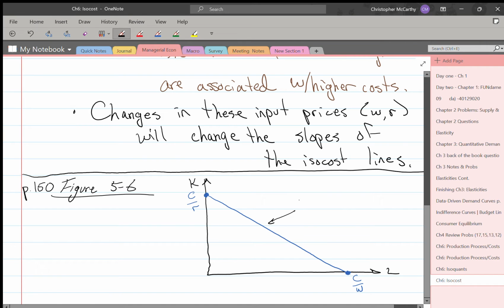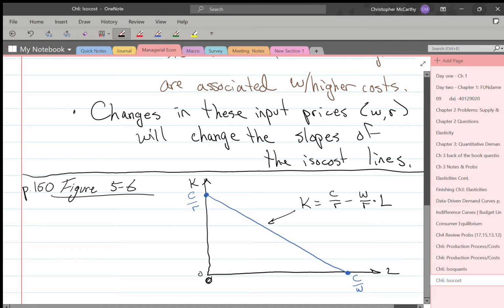We have our equation line, and we can get these intercepts a couple of different ways. If I have a fixed cost and I'm getting all capital and zero amount of labor, that's what it means when I'm up here.